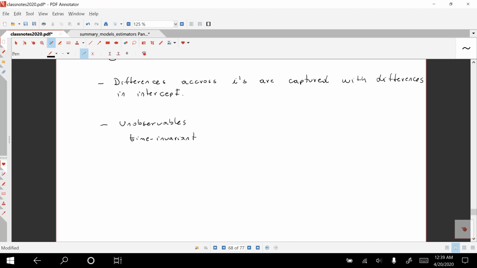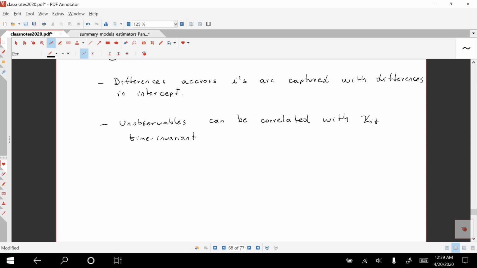In this model, they can be correlated with the explanatory variables included in the model.